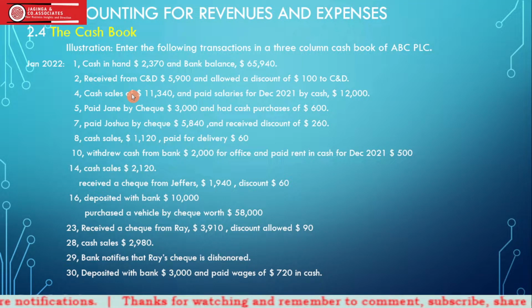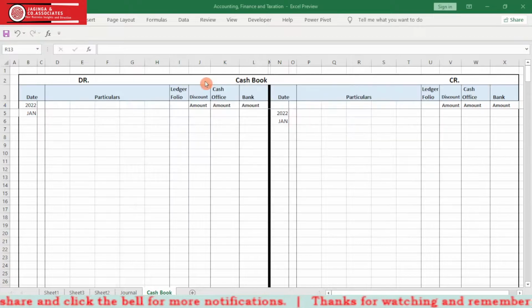So let's continue with the illustration. Here we are being told cash in hand is $2,370 and bank balance is 65,940. So on 1st of January 2022, the cash in hand was 2,370 and the bank balance was 65,940. Here we'll start with the balances brought forward.